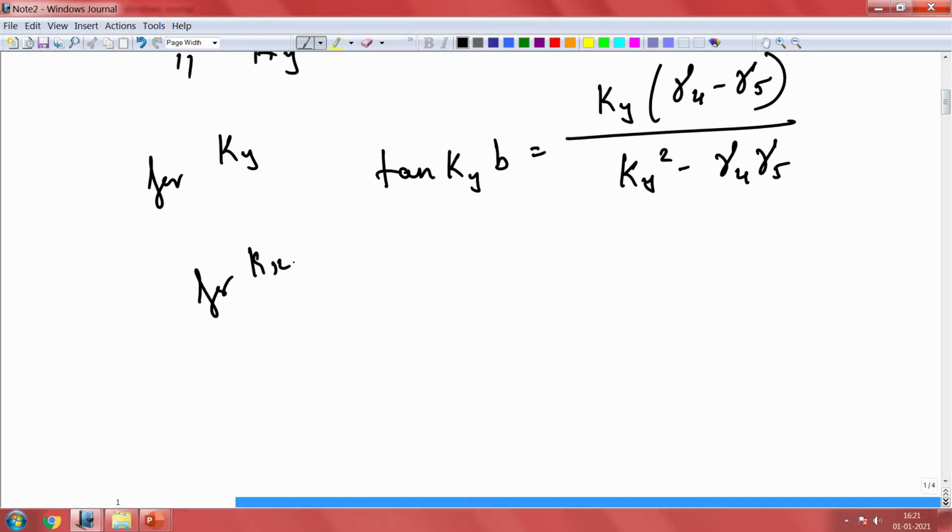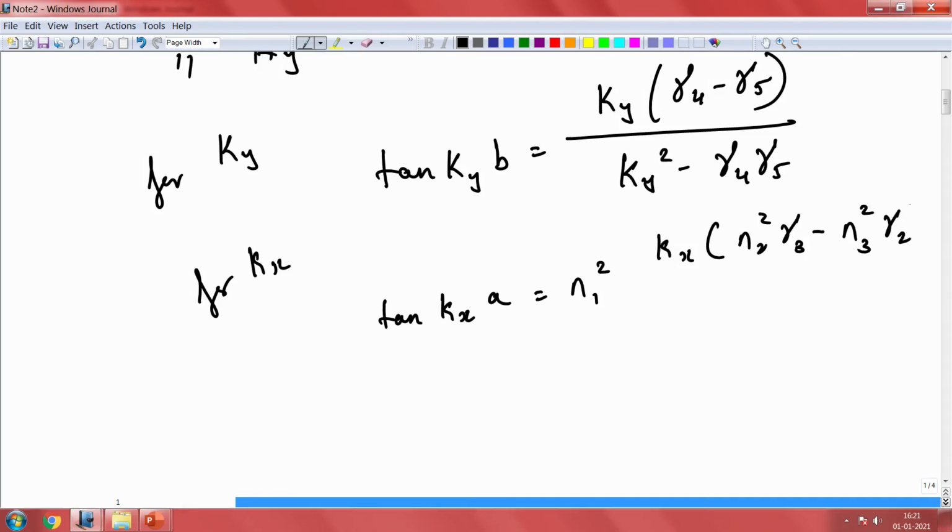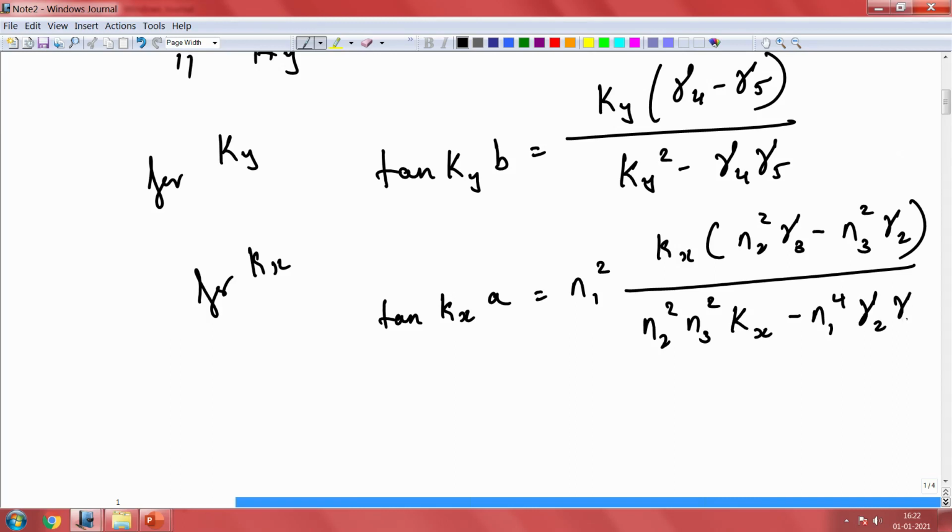for kx. So, for kx, tan kx a is given as, let me write it a little below, tan kx a is nothing but n1 squared kx (n2 squared gamma 3 minus n3 squared gamma 2) divided by (n2 squared n3 squared kx minus n1 to the power of 4 gamma 2 gamma 3).